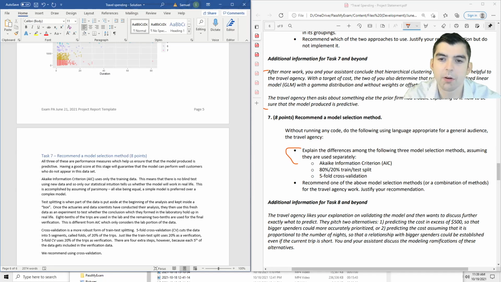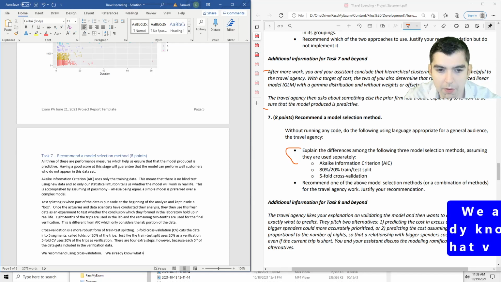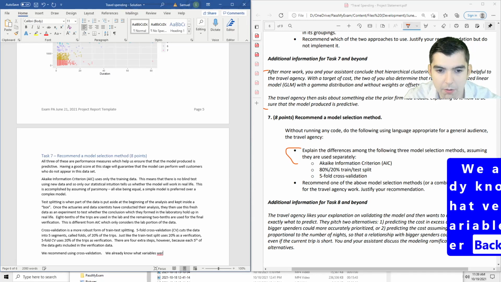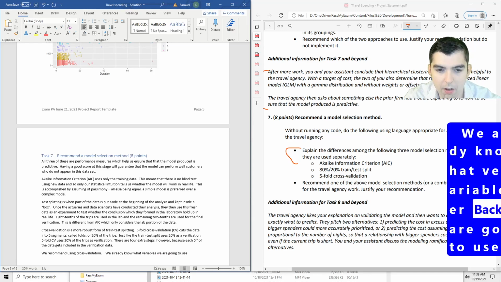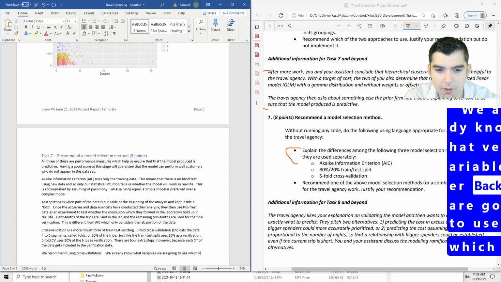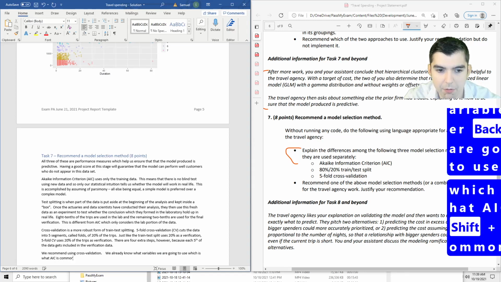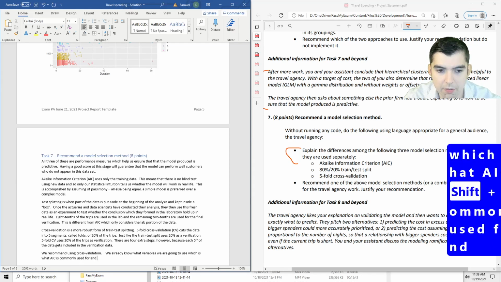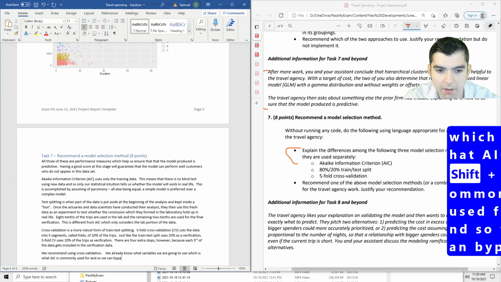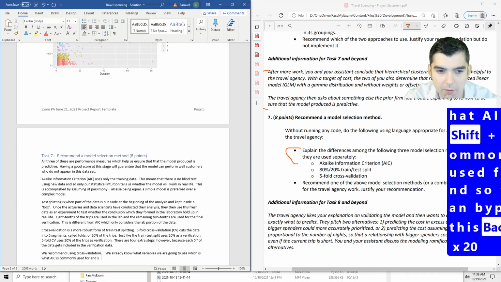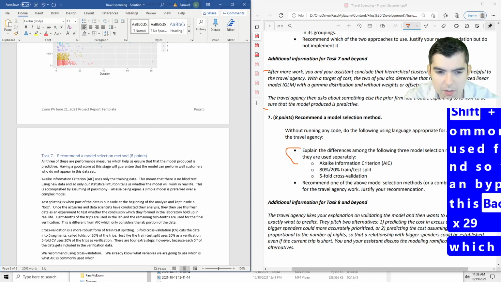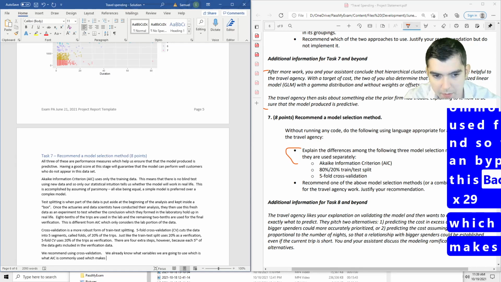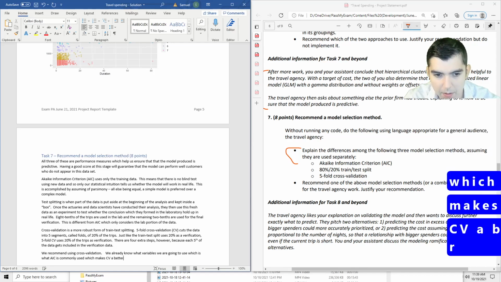Well, we already know what variables we are going to use, which is what AIC is commonly used for, and so we can bypass this, which makes CV a better method.